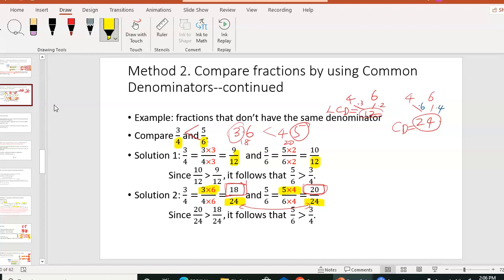It doesn't guarantee more parts will be bigger. So that's why we cannot compare them. But once we turn them into the common denominator 12, we get 9 parts each of size 1/12, and 10 parts each of size 1/12. So now they have the same size parts. So when we convert the fractions with different denominators to the same denominator, we are creating like parts.